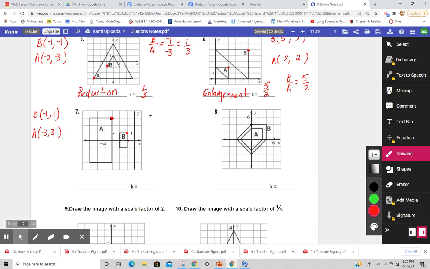We want image over pre-image, and it can't be any other way, which means we want B over A. Let's just use the x coordinates. -1 over -3 gives us 1/3. If you use the ratio of the y values, you're going to get the same thing. So the scale factor is 1/3, and this is a reduction.